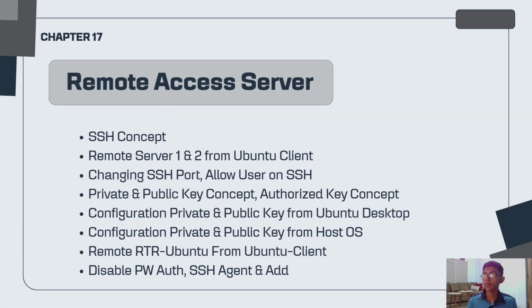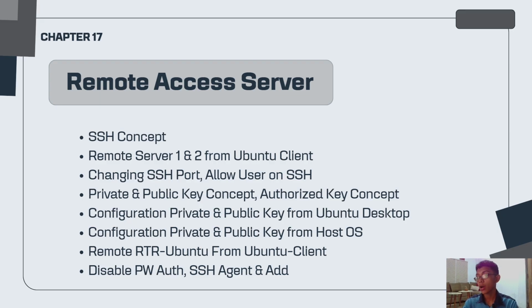In chapter 17, which is remote access server, I will explain about the SSH concept, and I will practice remoting server 1 and 2 from the Ubuntu client, and I will practice changing the SSH port and allowing users on SSH. I will explain the private and public key concept and also the authorized key concept.